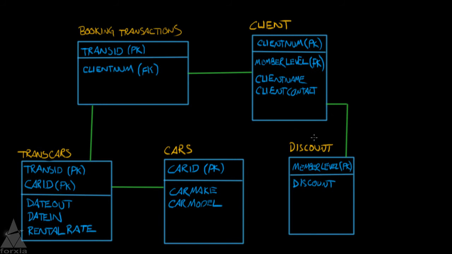Now that we've created the relationships between the entities, there's another term that we're going to use, and that is called cardinality. What does cardinality mean? Well, cardinality will tell us the quantities between relationships.